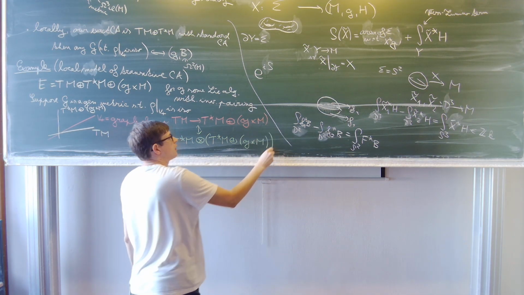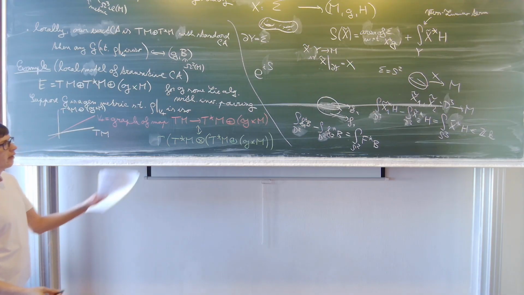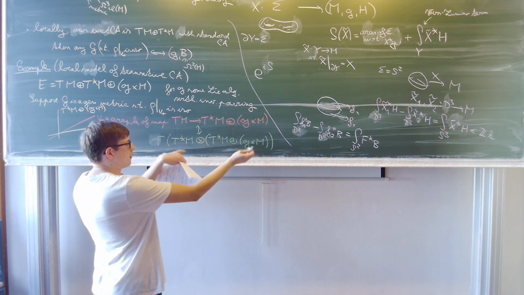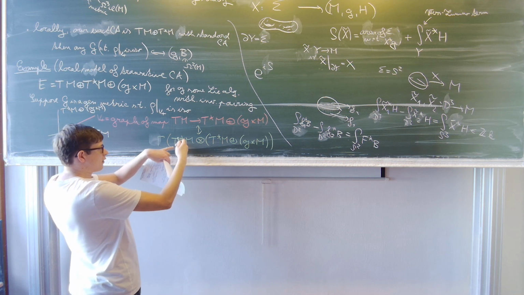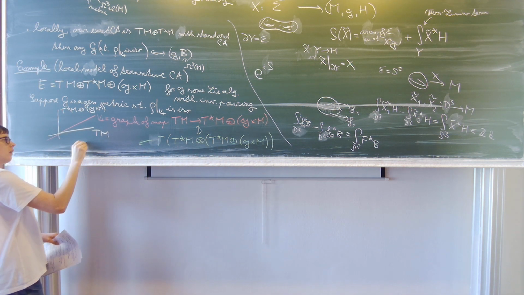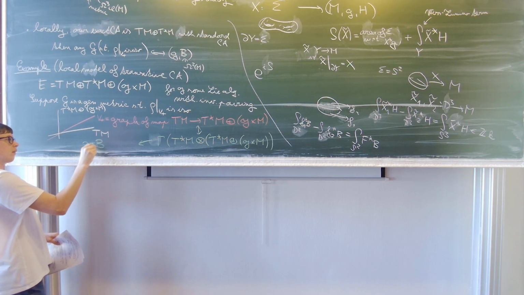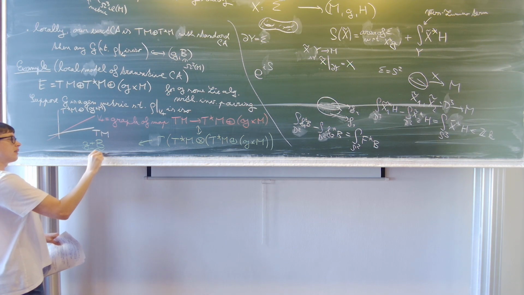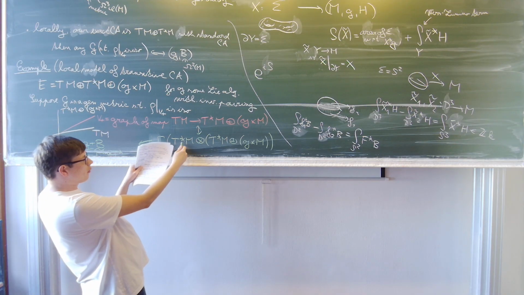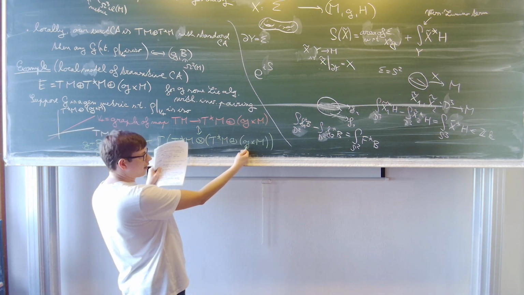If I decode what this is, this gives me a G on B, the T star tensor T star bit. But I also have a second bit, which is a one form valued in the Lie algebra.